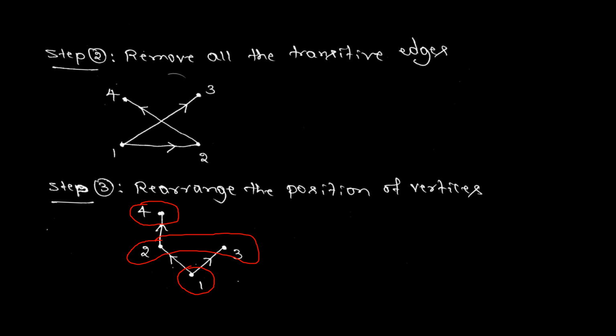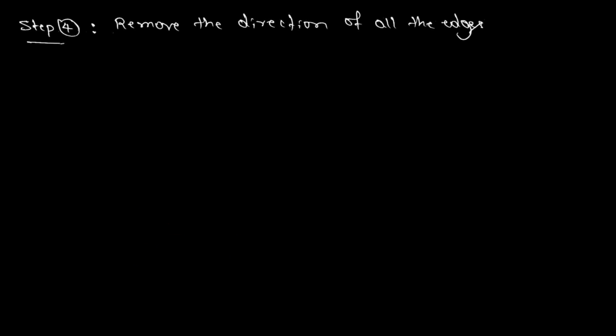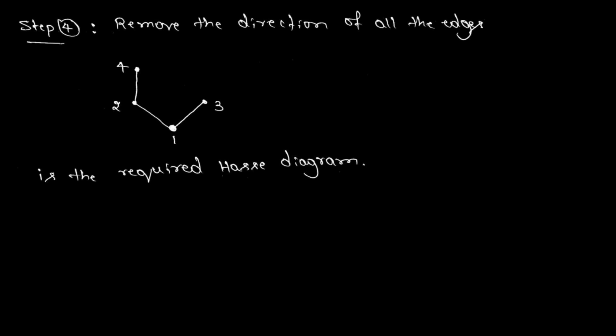Now the last step is, since all the edges are going upward, we can remove the directions. We can make this diagraph as directionless. Let us remove the directions and rewrite the graph. After removing the directions, we get this, which is a Hasse diagram of the given relation. With this we have completed the problem as well as the module also we have completed.